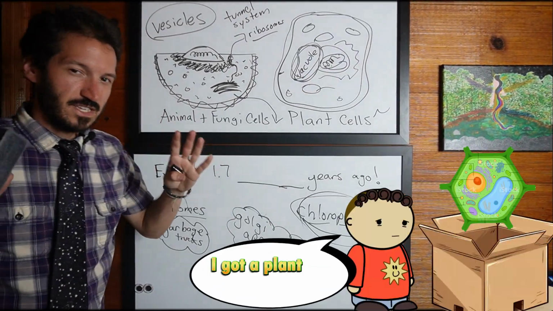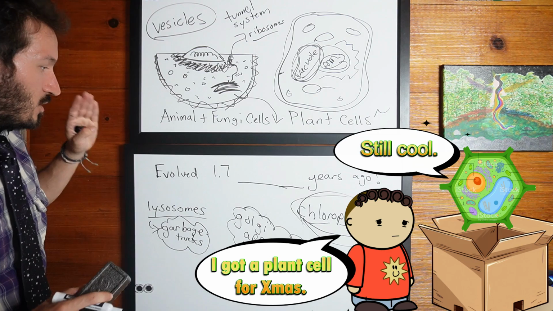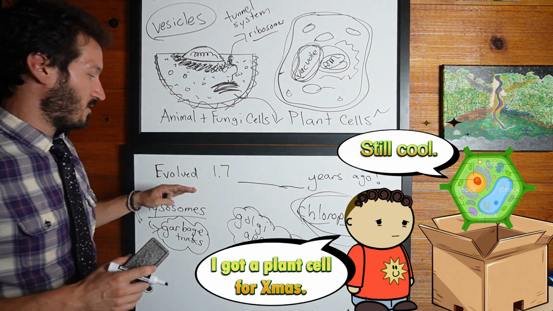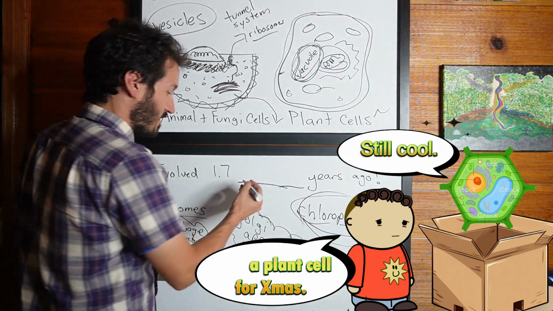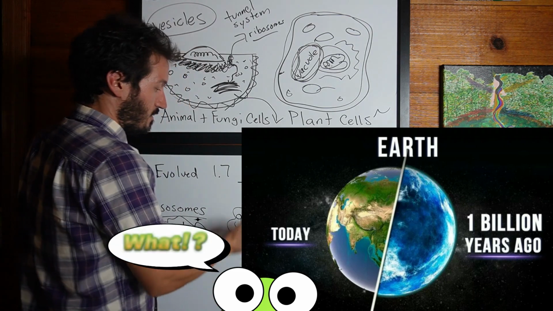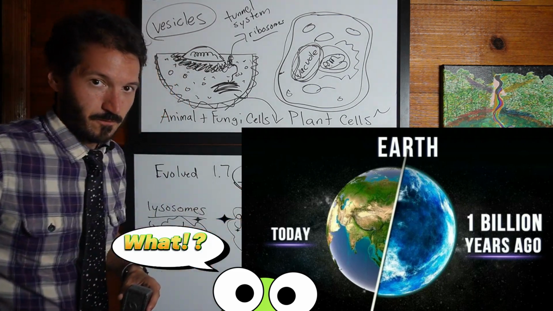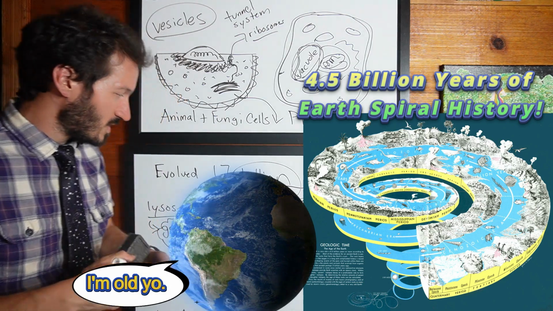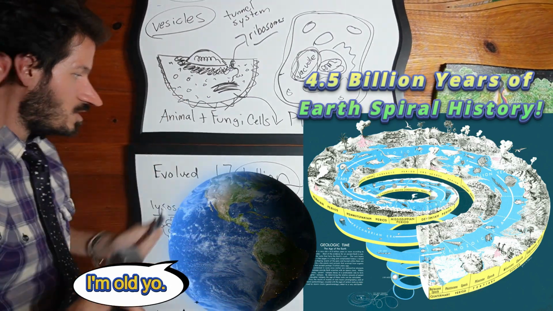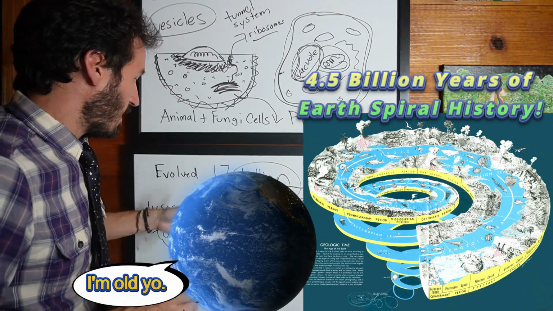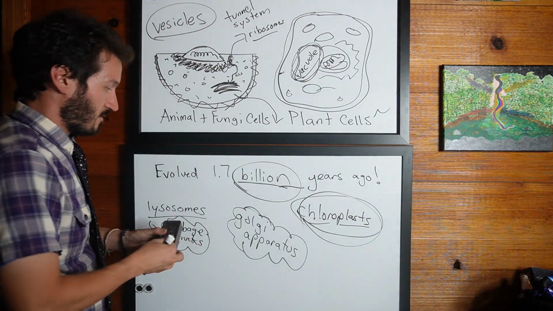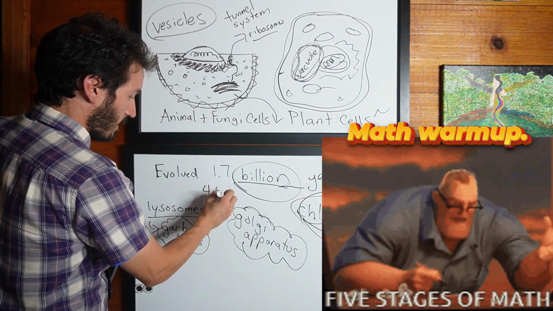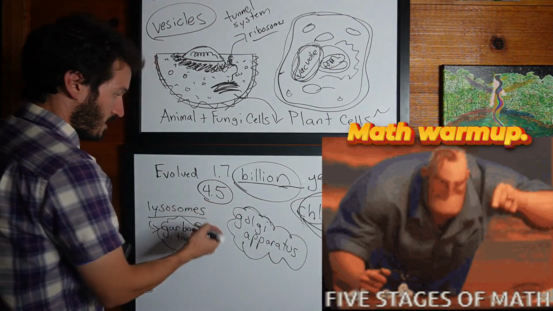This is just a crazy factoid I want to share. Eukaryotic cells evolved 1.7 billion years ago. Scientists can roughly estimate that. Imagine, the Earth is about 4.5 billion years old.